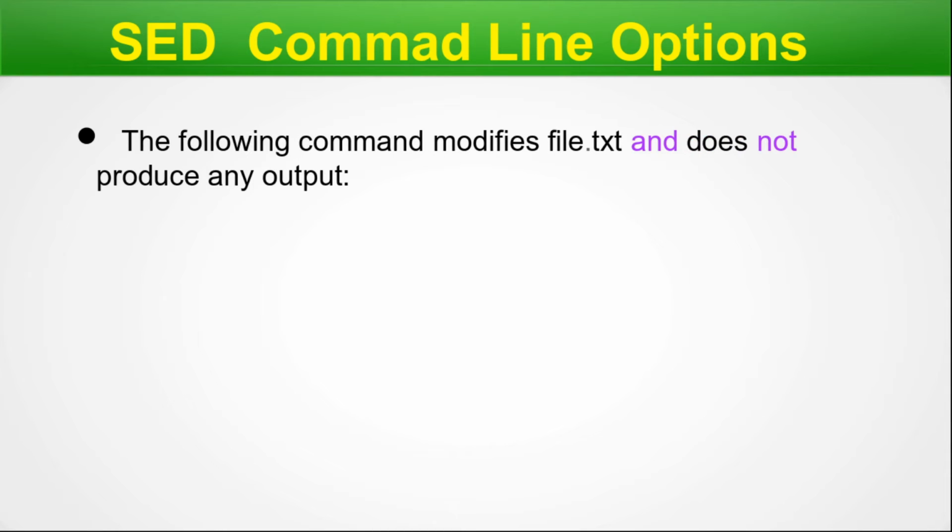In this section we are talking about command line options. The following command modifies the text file and does not produce any output: sed -i 's/hello/world/' file.txt. In the previous slide we saw that when we use an input stream, sed by default does not affect the input text stream, but in case we need to change it, we must use -i.